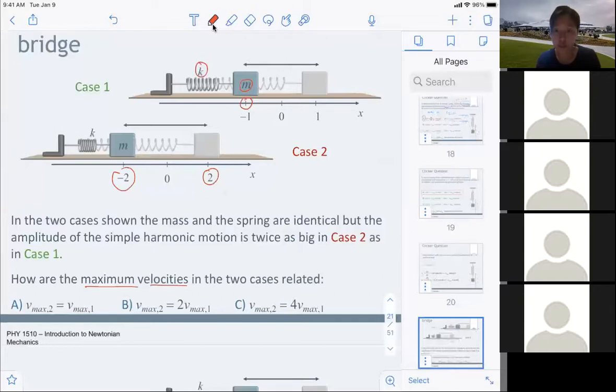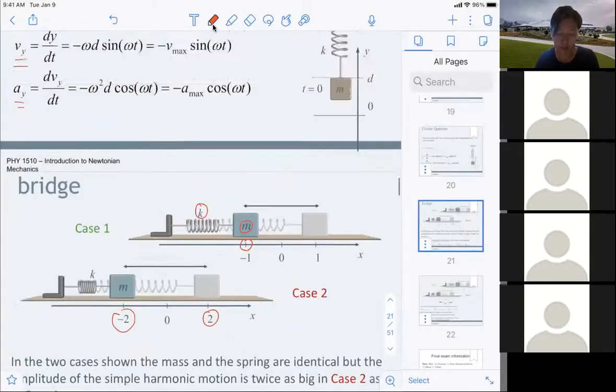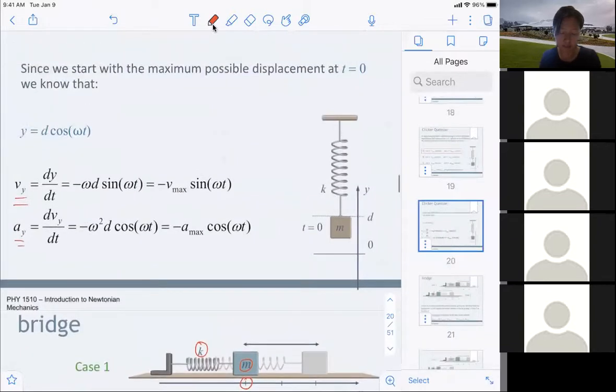Do you think this one, you should have already done this question, right? I'm going to give you a hint by going up a slide, showing how our velocity looks. Our velocity looks like this kind of function, right?